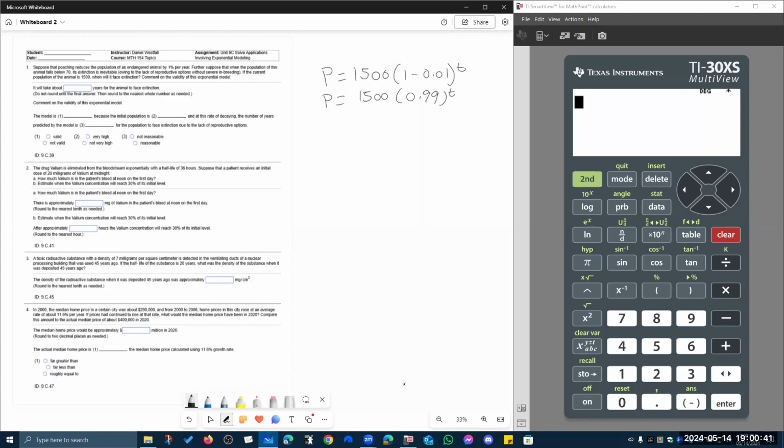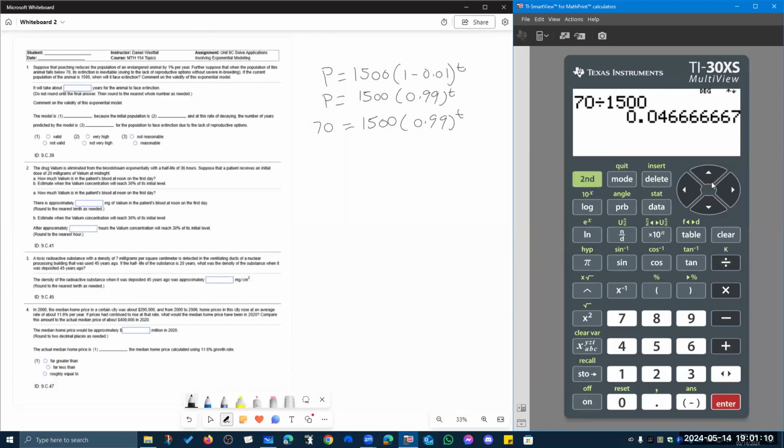I'm interested specifically in when this population of this endangered animal is going to reach an extinction level of 70 of them. So I'm going to set this equal to 70. It's equal to 1500 times 0.99 to the t. 70 divided by 1500.